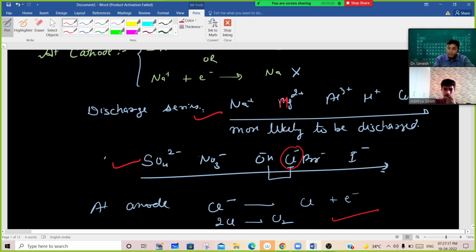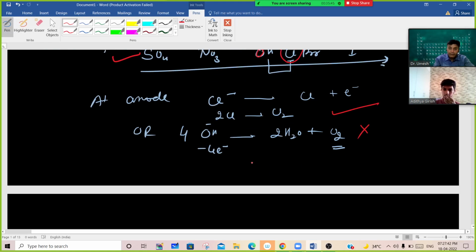Not sodium nitrate. The next one, OH negative ion, hydroxyl ion. And after OH negative, I'll write it again.